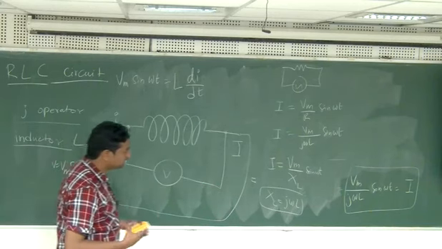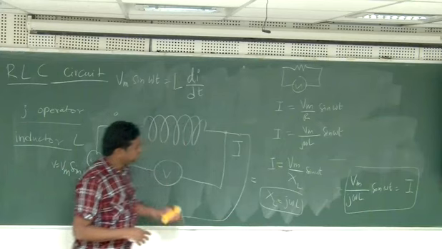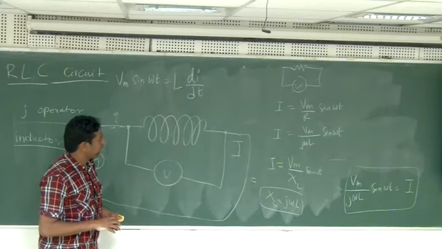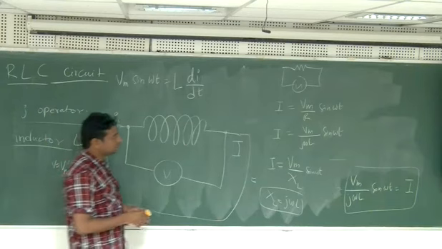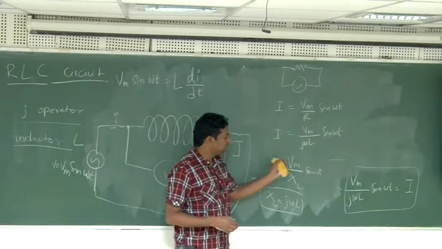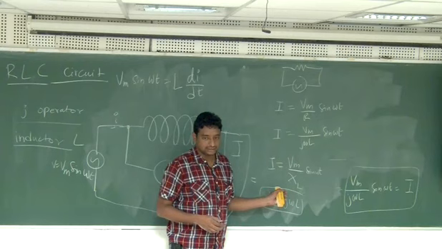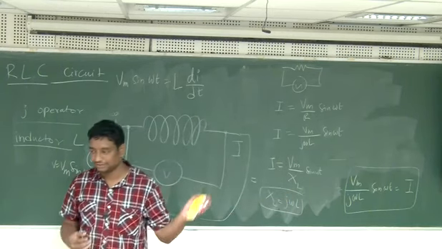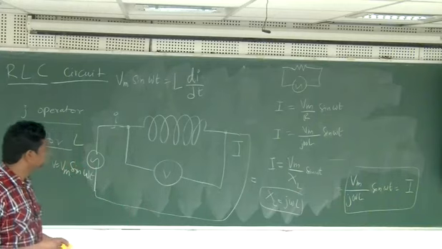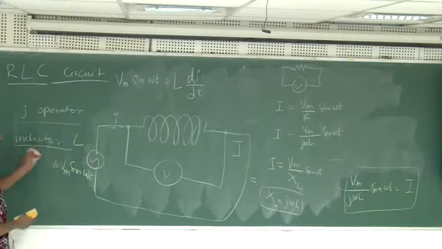We will see a lot of examples of how to use this. But anytime you see a network, this is like Ohm's law now. I equal to V by R, or I equal to V by reactance, or in general terms, I is equal to V by impedance. So that's about the inductor.